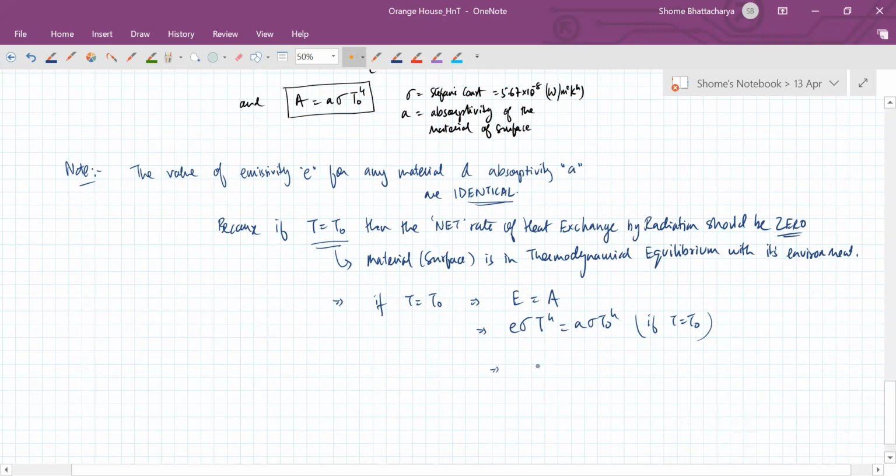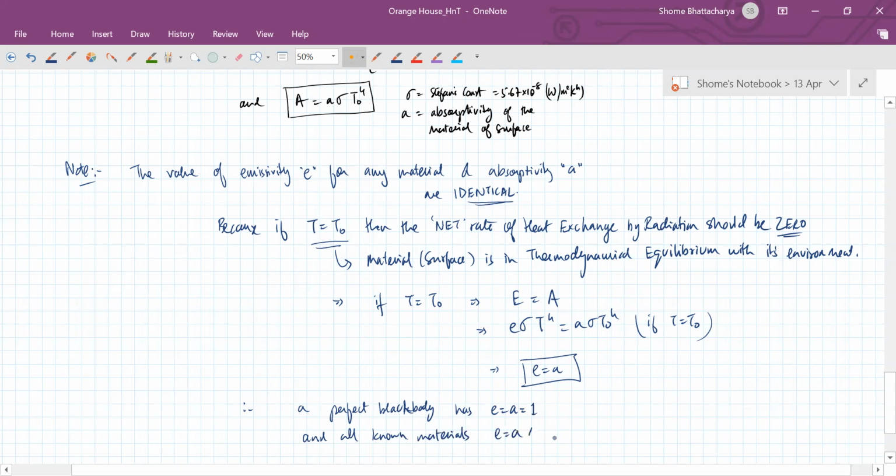And that proves that emissivity is equal to absorptivity. Okay. So therefore, a perfect black body material has emissive power equal to absorptive power of unity, whereas all known materials in practical physics have E equal to A less than 1.